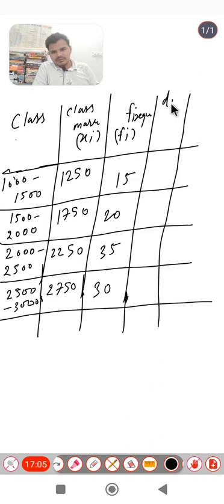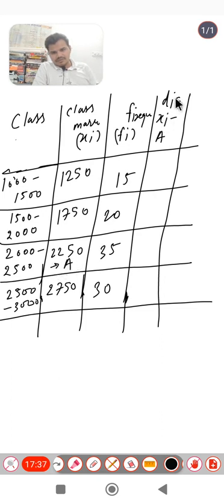Now di is equal to xi minus a, where a is the assumed mean. Here there are four groups, an even number, so you can take the value of a as either of the middle values. We are taking this value as a.